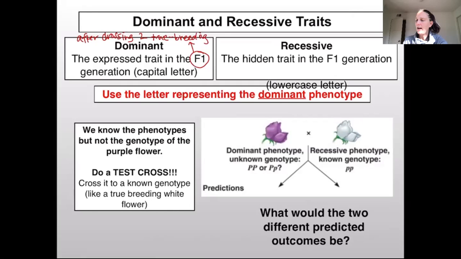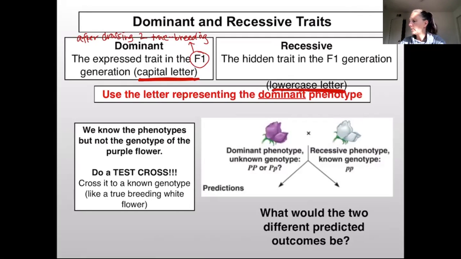We represent that as the capital letter. The recessive trait is hidden after crossing true breeding organisms, and that is represented by the lowercase letter.